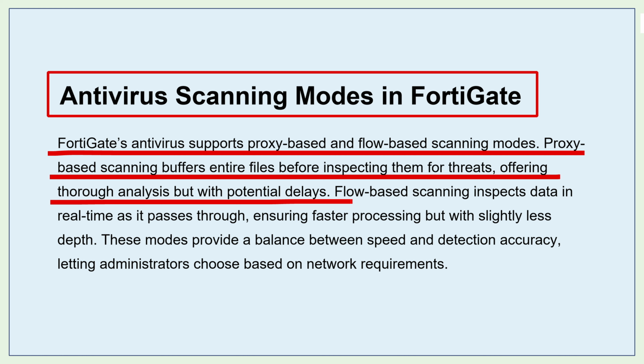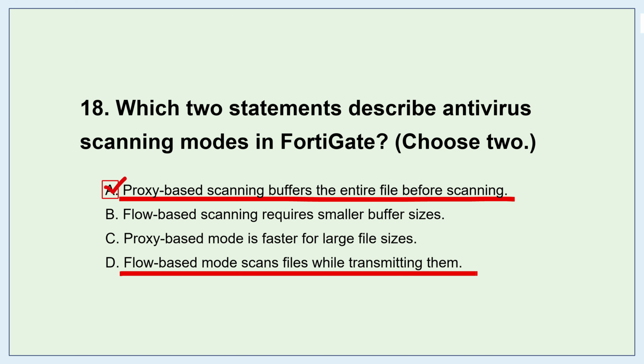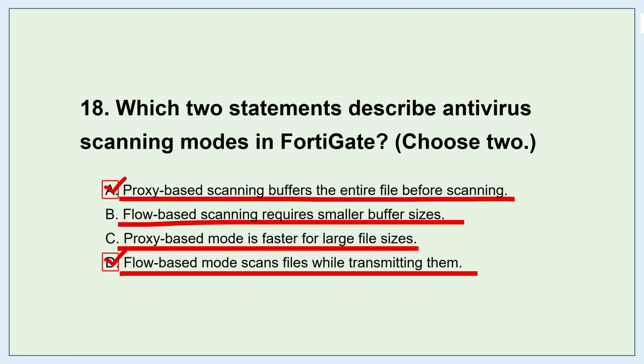You can choose the mode based on your network's needs. Correct. Proxy-based scanning buffers files before scanning. Correct. Flow-based mode scans files in real time during transmission. Incorrect. These misrepresent the mode's functionality.